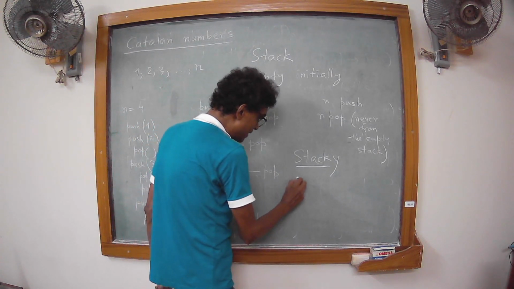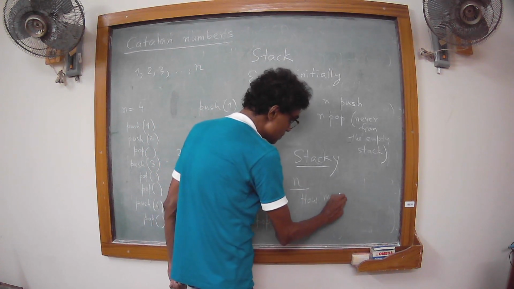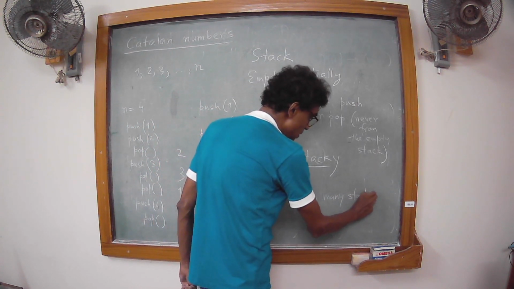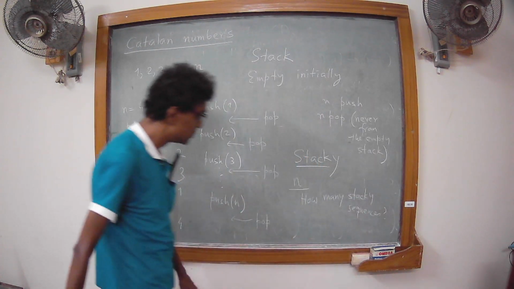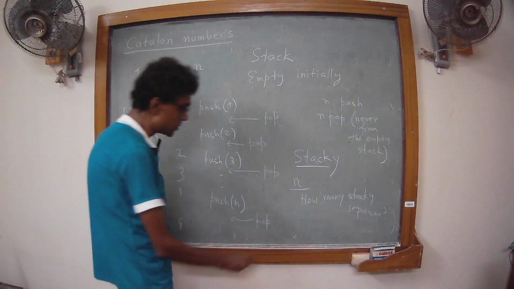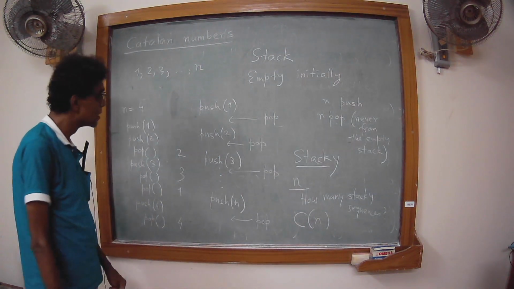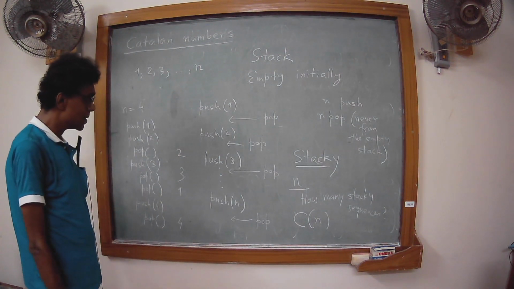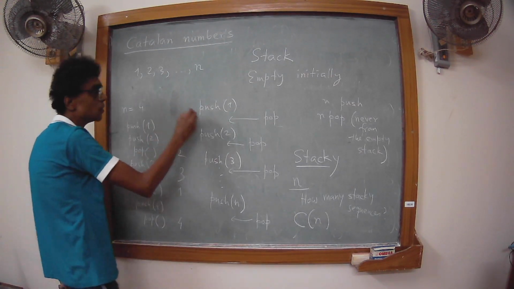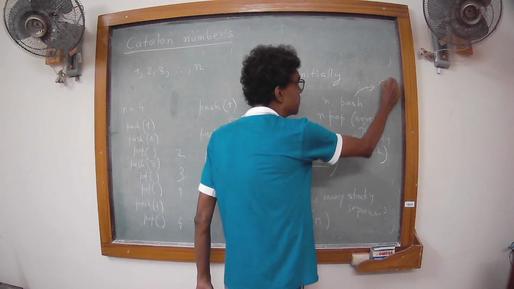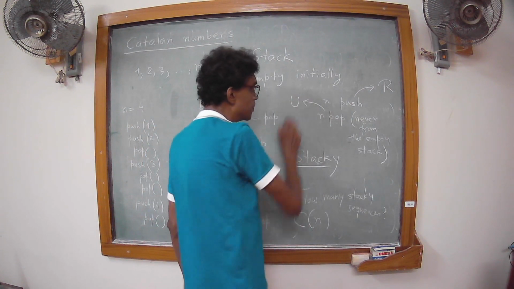So, for a general n, how many? The answer turns out to be exactly equal to C of n, the nth Catalan number. Why? Because you can think of each push, so pushes are essentially right movements and pops are essentially up movements.